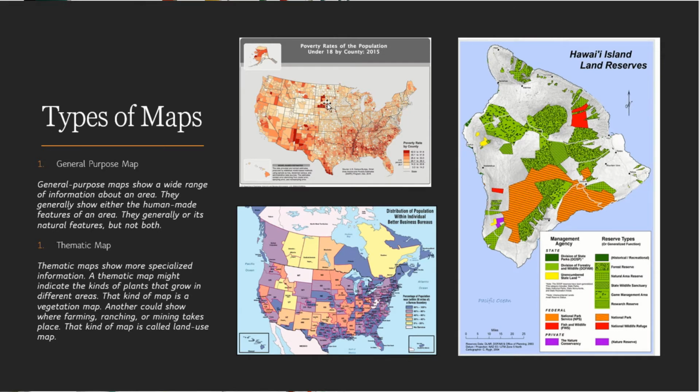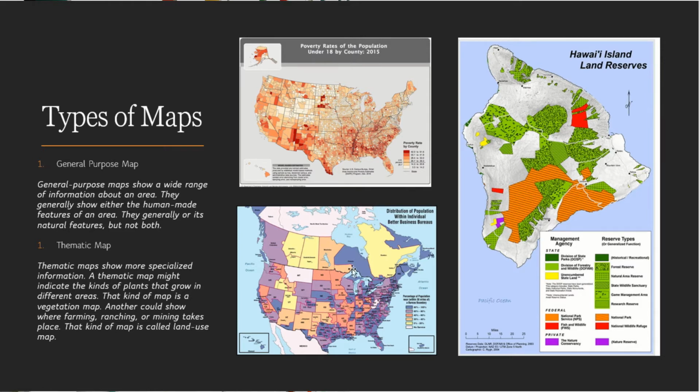You can see here the theme of this map is poverty in the United States, only United States. And you can see how this poverty increases by countries, and these colors are showing it. So this is the theme which is indicated on this map.